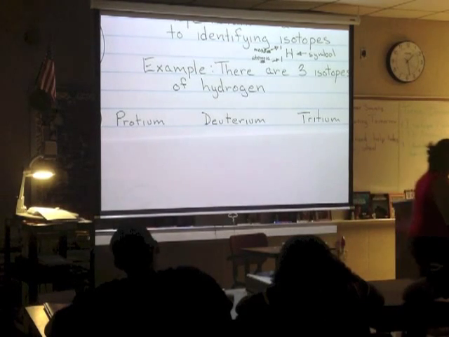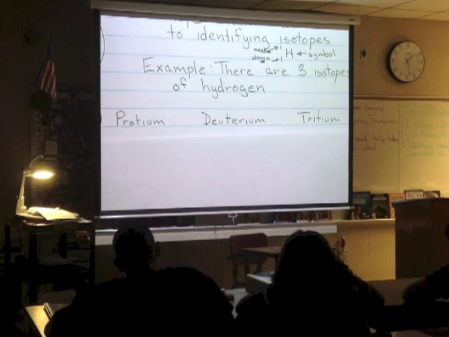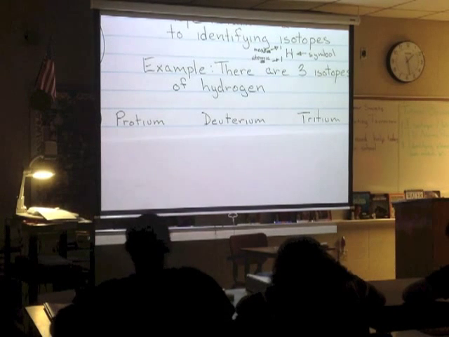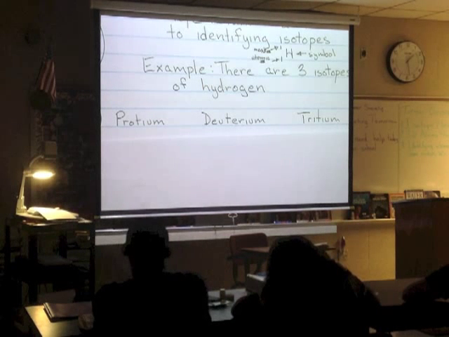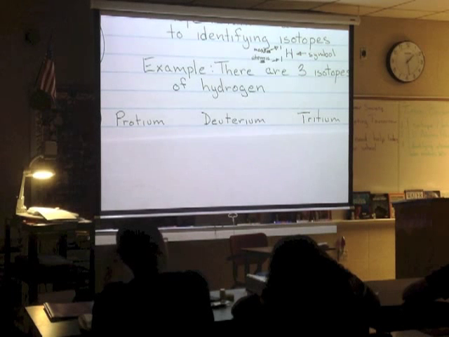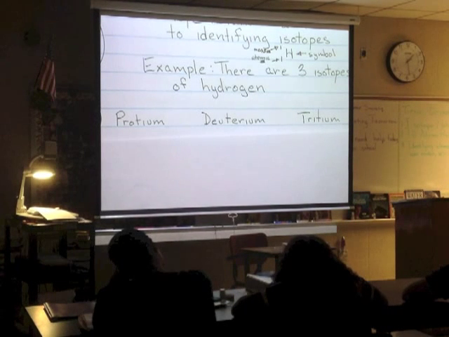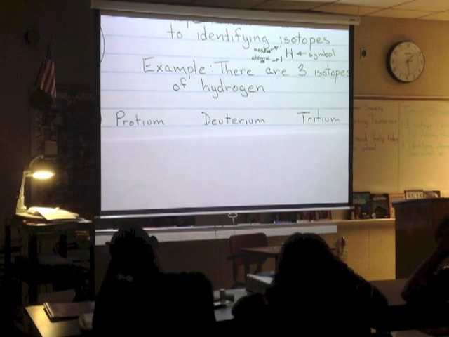So if all 3 of those are hydrogen, Ethan, how many protons do they have? No, just each one. Each one, how many protons would it have if it's hydrogen? 1. Very good. So protium has 1 proton. Deuterium has 1 proton. Tritium has 1 proton. Because all 3 of them are hydrogen. They're called something different because they're isotopes and they have different numbers of neutrons.